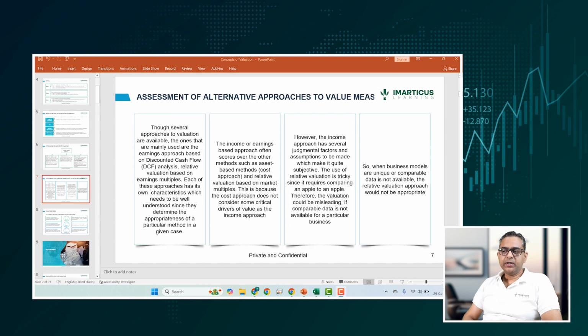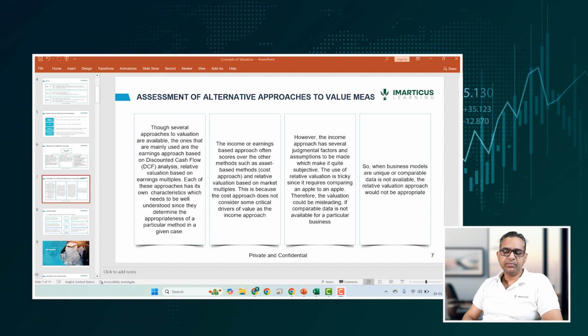Look at the assessment of alternative approaches to value measurement. That means let's look at the pros and cons of different techniques. Though several approaches to valuation are available, the ones that are mainly used are the earnings-based DCF analysis and relative valuation based on earnings multiples.